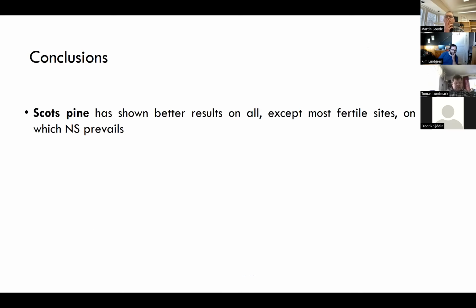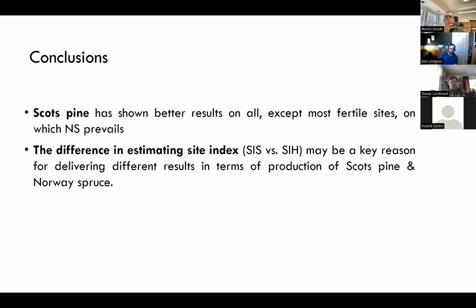And to conclude, Scots pine has shown better results on all sites except the most fertile sites, where Norway spruce performs better. And our hypothesis is that one of the main reasons for the difference of our study compared to earlier studies is the way site index was estimated, meaning that we used SIH, and Eko and most of the earlier studies used SIS for the simulation.